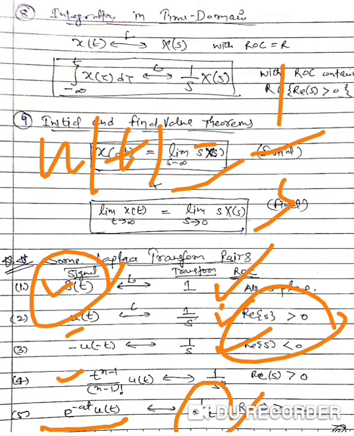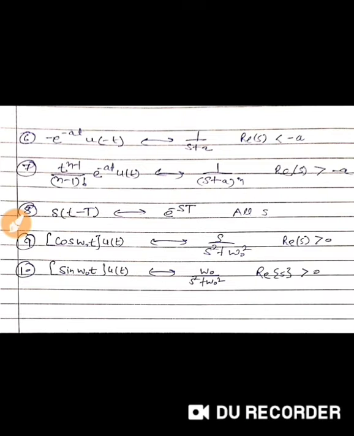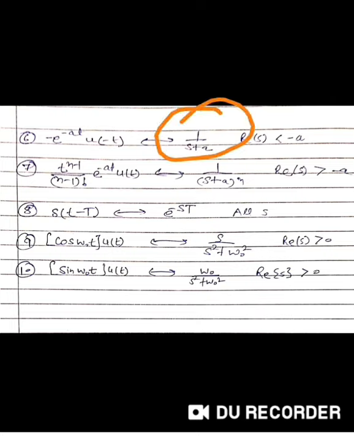A will be added to s. Okay, now let's move to the 6th point. It is also a left-handed signal, e raised to power minus at into u(minus t). So the Laplace transform would come out the same as the last example, but the region of convergence will be different.